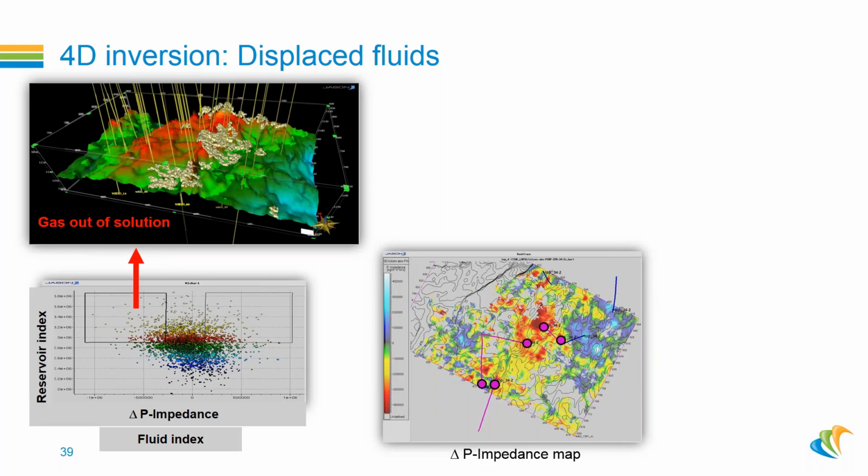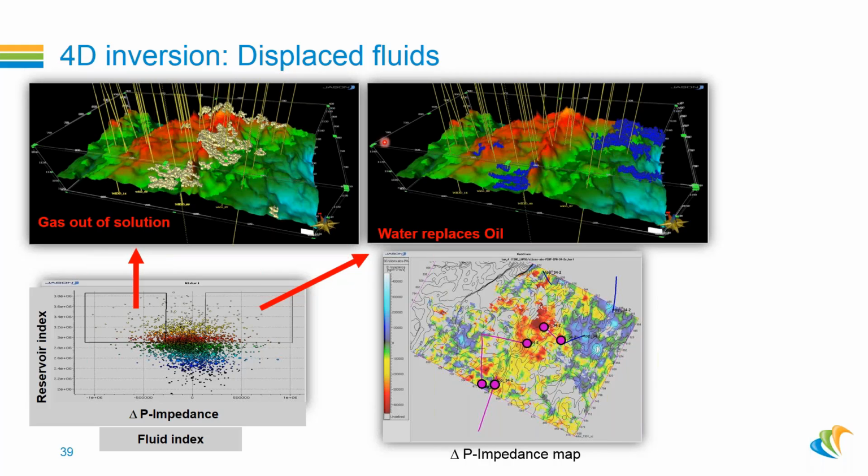The right-hand side polygon is showing water coming into the reservoir, which is also confirmed by these blue wells shown on the map. So this is one way. We do inversion for base and monitor separately and find some criteria to separate the different fluid areas in the reservoir.